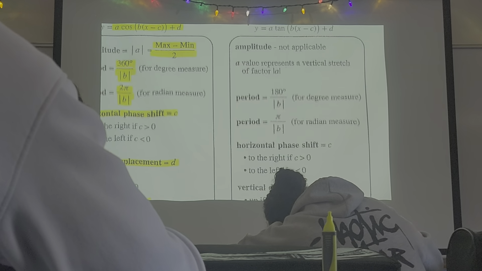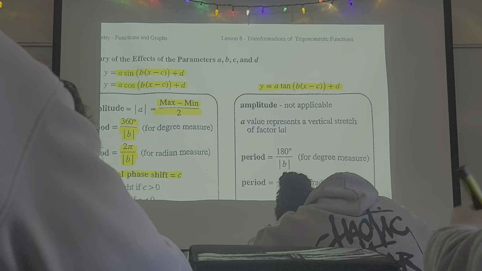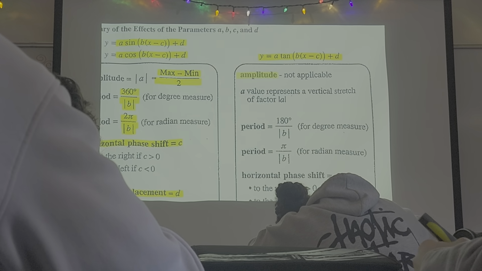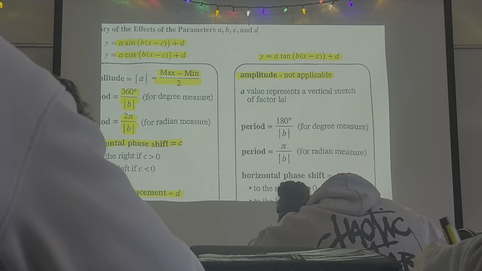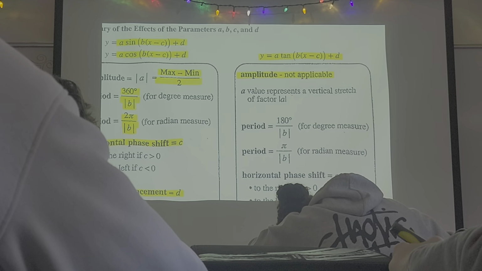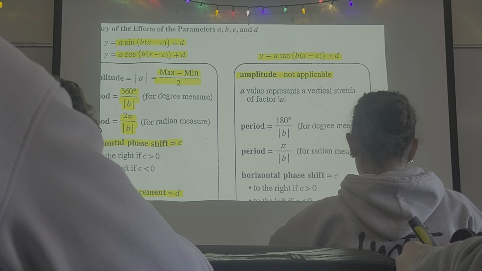And then tangent summary. Tangent, remember, is special. Amplitude really doesn't matter because there's no max or min. There can be an A value. It's just saying if our graph is vertically stretched.